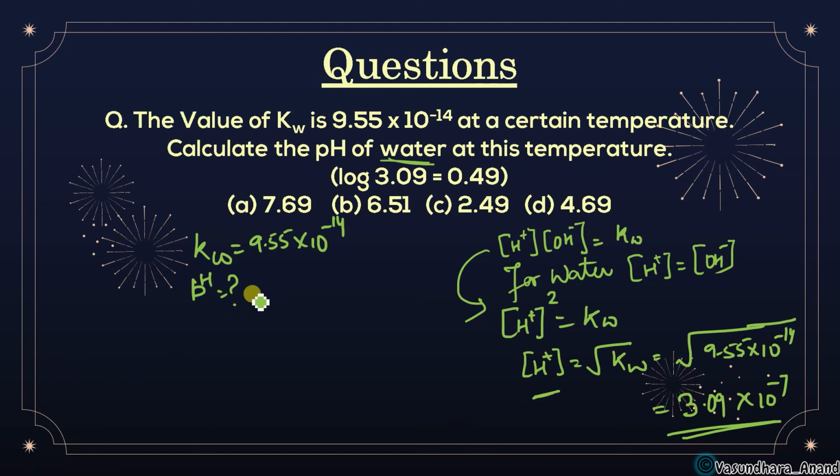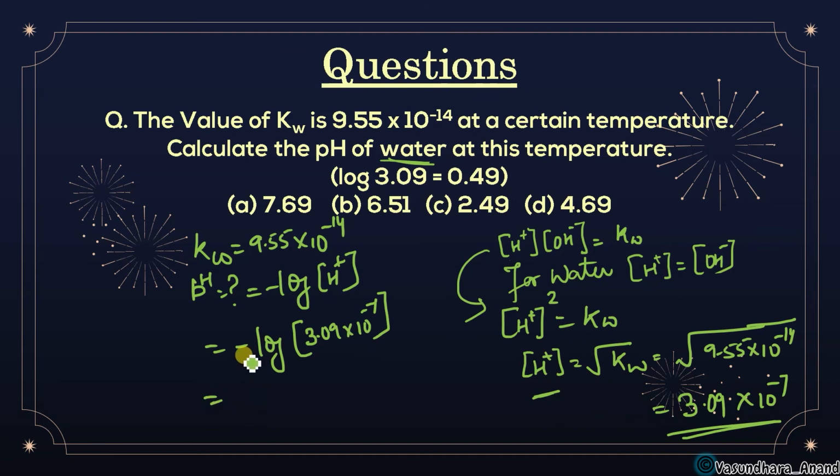So find the pH. pH is equal to minus log H plus. Instead of H plus, you can write 3.09 into 10 to the power minus 7. Now again, this is minus log 3.09, and can I write like this, minus 7 log 10?